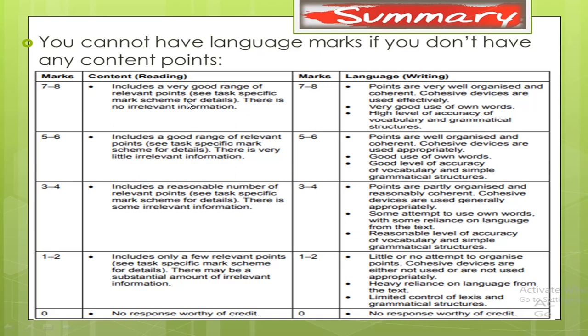Secondly, in the language part, points are very well organized and coherent. In the beginning, we said that we have to rewrite the relevant points in our own words in an organized way. So organization is very important, and also coherence and the flow.